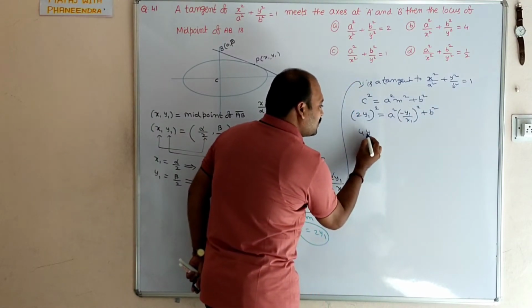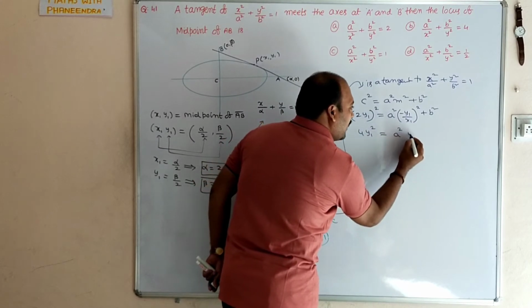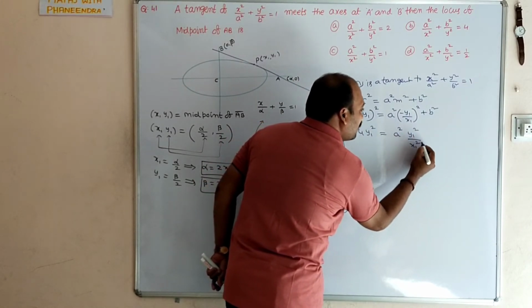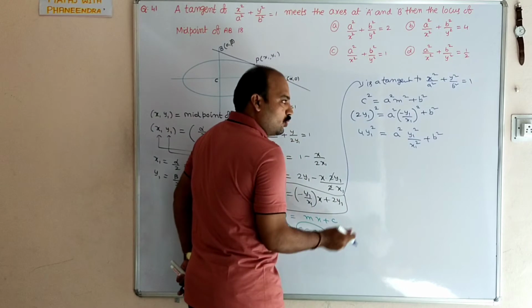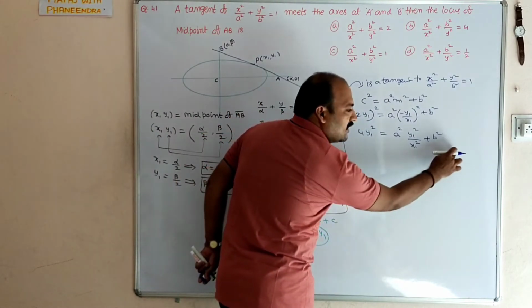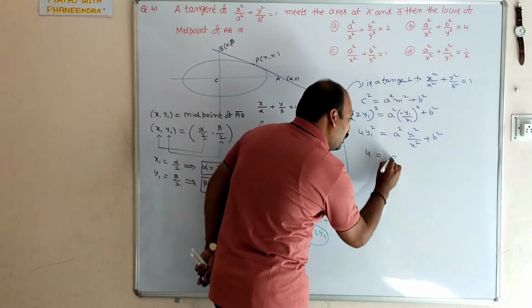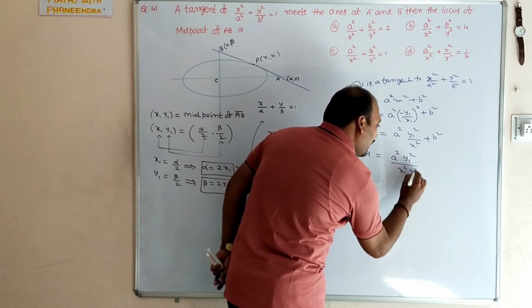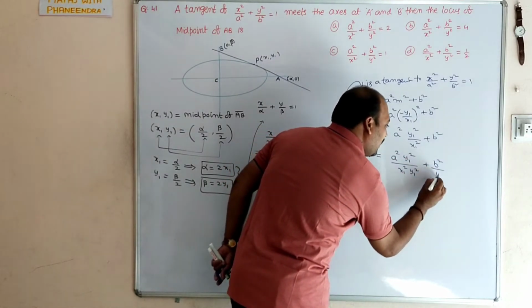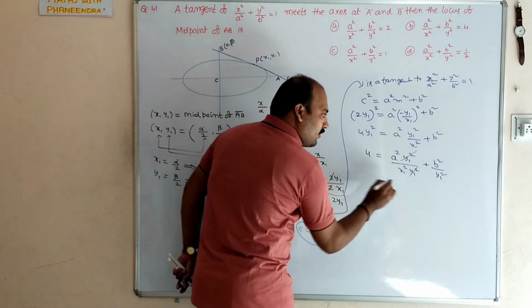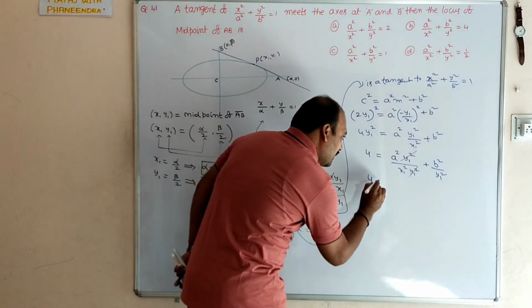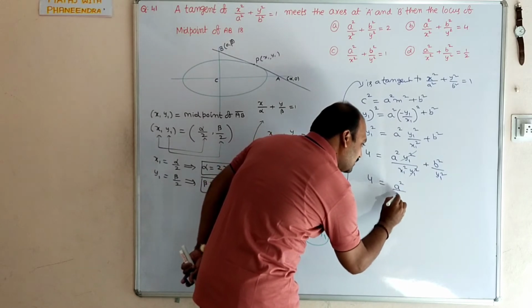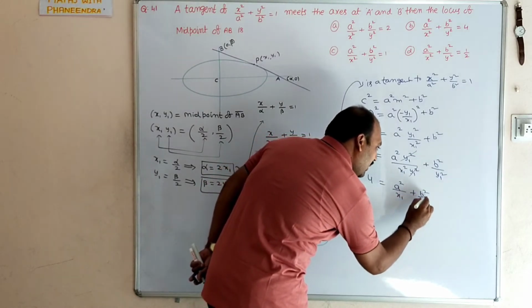So 4y1 square equal to a square into y1 square by x1 square plus b square. So y1 square I am taking to this side. So 4 is equal to a square y1 square by x1 square into y1 square plus b square by y1 square. Here y1 square gets cancelled. 4 is equal to a square by x1 plus b square by y1.